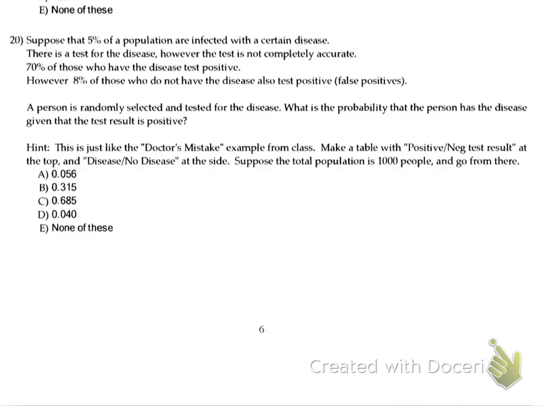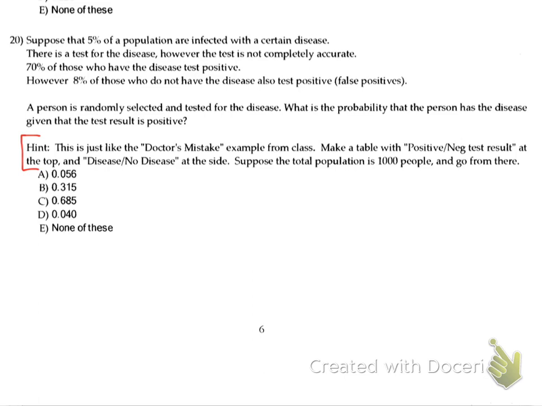Okay, so question 20. And notice the hint I put down here. This was the actual exam, so it'll be that way on your exam as well. There'll be one question that'll say, hint, this is the doctor mistake example. This is like it from class, make a table with positive, negative, disease, no disease, and start with a total population of 1,000 and go from there.